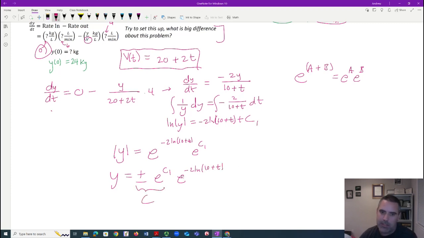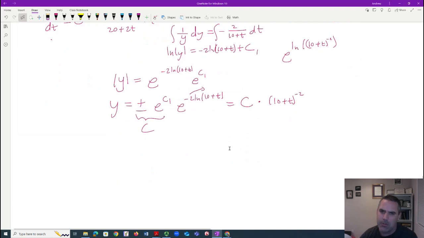So I'm going to call that c, but this simplifies a lot because you can bring this inside, and you can say e to the log of 10 plus t to the negative 2. And so those cancel. So all of this can be written as c times 10 plus t to the negative 2. And this happens a lot in these sorts of problems. You get y is going to be c over 10 plus t squared.